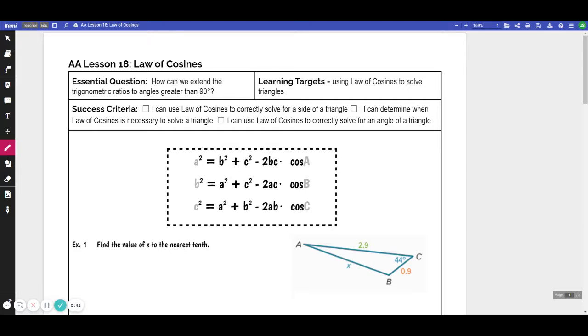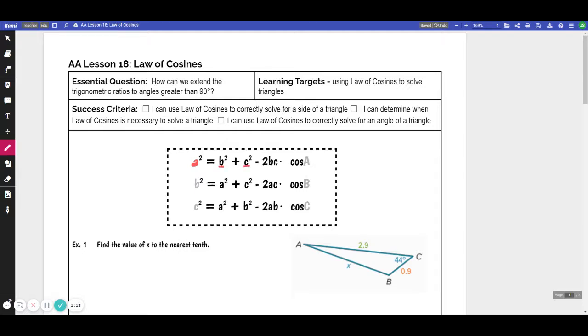So there's three equations here. They are all different versions of the exact same thing. So I'm going to say it again. Please remember, sides are lowercase. So side a squared, if you're trying to solve for it, equals b squared plus c squared, so the other two sides, minus 2 times those other two sides.